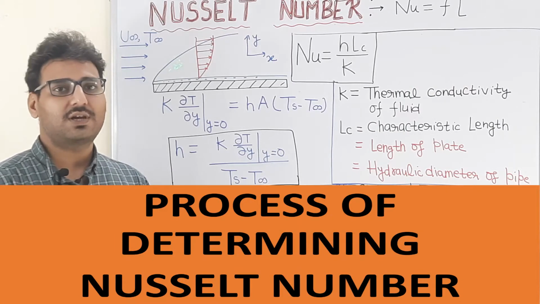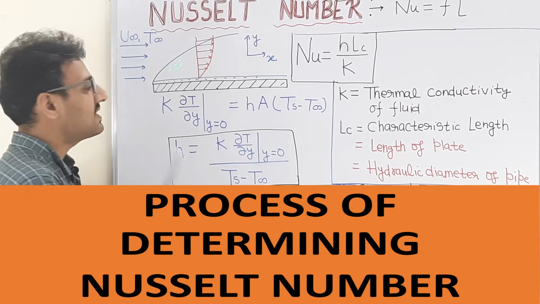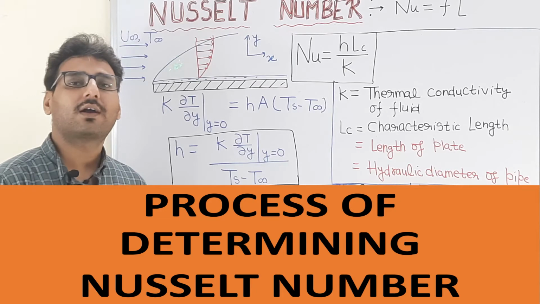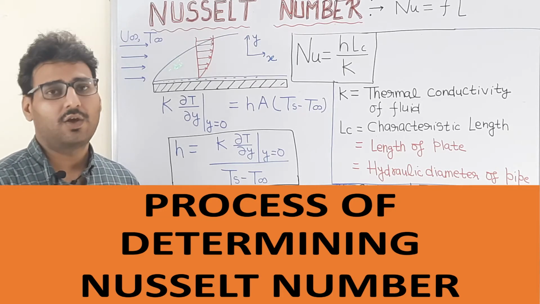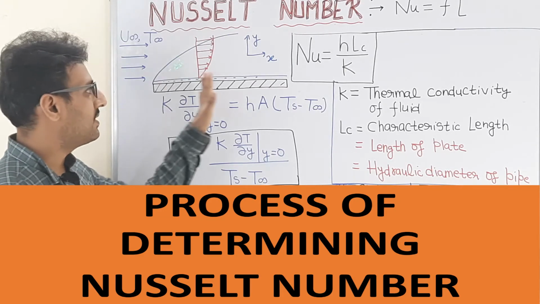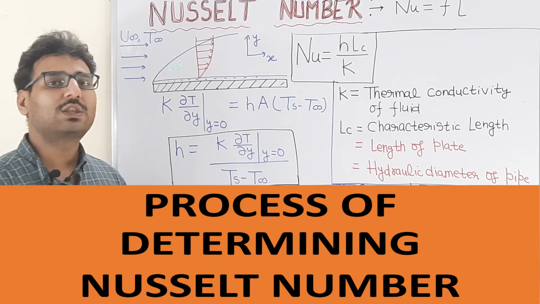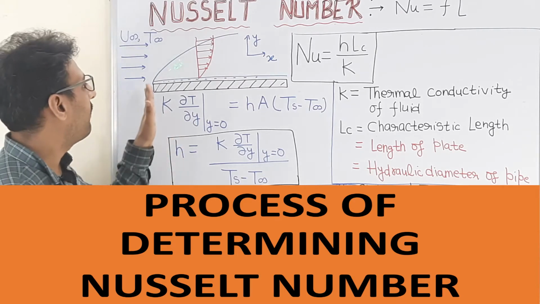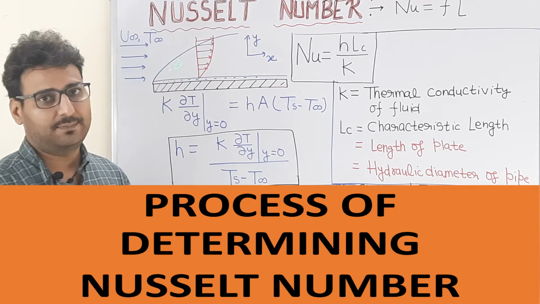In the last lecture, we discussed that convection is a combination of conduction and advection. We discussed the formation of the boundary layer or the velocity profile when a fluid flows over a flat plate.